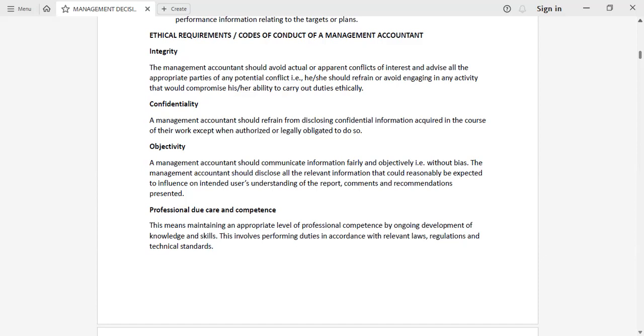So you find that these are the codes for how a management accountant should behave, what everyone is expecting the management accountant to be doing. Actually, we expect the management accountant to know that if I don't do this, then it is going to be unethical.